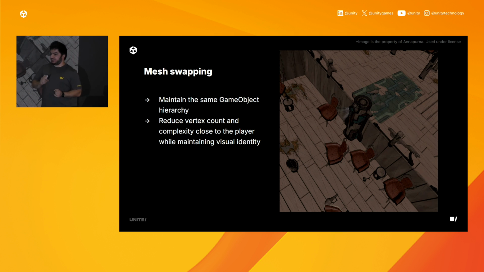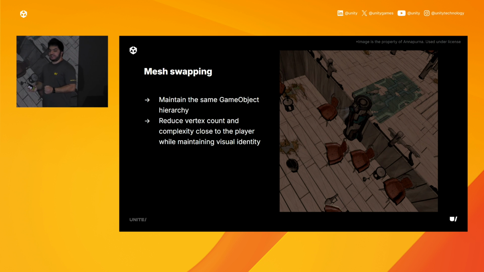One of the unique challenges, and why we had to do a mesh swapping approach as opposed to typical mesh optimization, was because we needed to maintain the game object hierarchy intact. There are several systems in the game that rely on the game objects being in a certain place in the hierarchy and having certain data attached to them, right? Different Unity components or custom components.